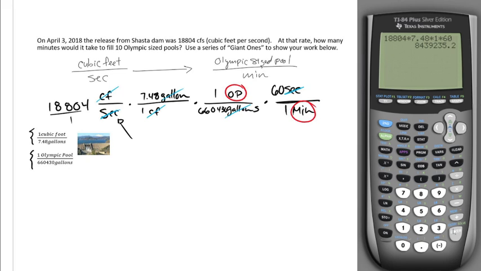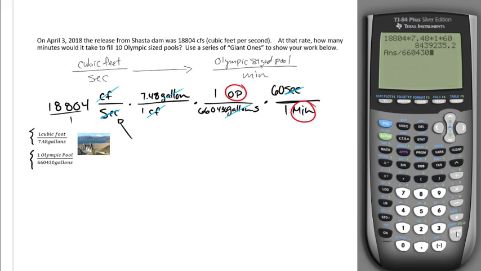And now the only number in my denominator, they're all ones, right? I've got a 1, a 1, a 1. The only number in my denominator is this 660,430. So I'm just going to take that and divide it by 660,430.